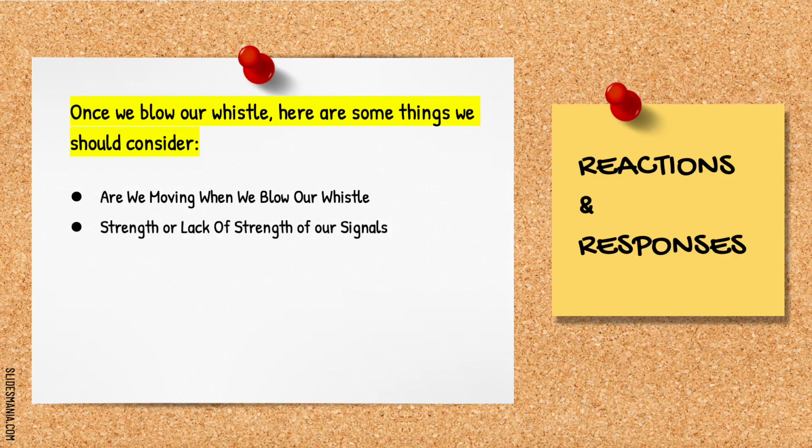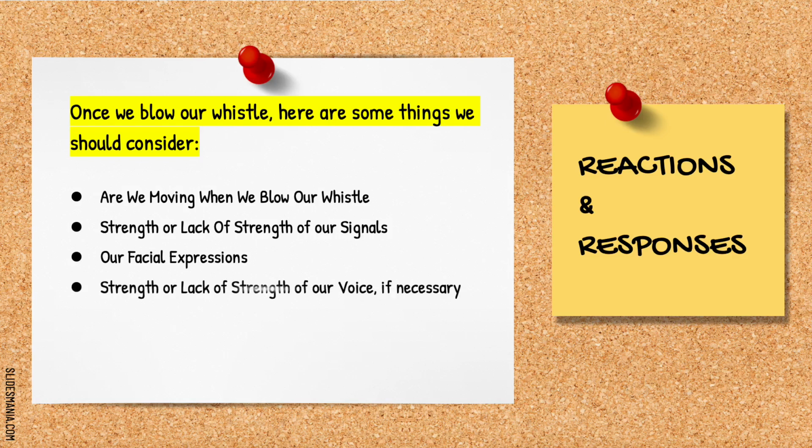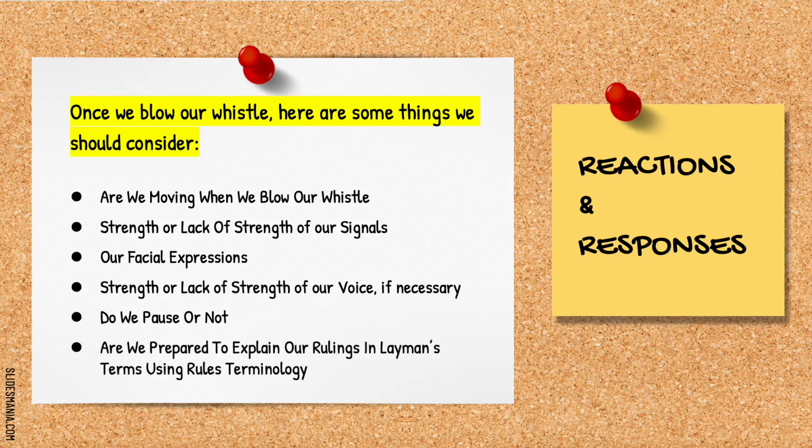Strength or lack of strength of our signals. Our facial expressions. Strength or lack of strength of our voice if necessary. Do we pause or not? Are we prepared to explain our rulings in layman's terms using rules terminology?